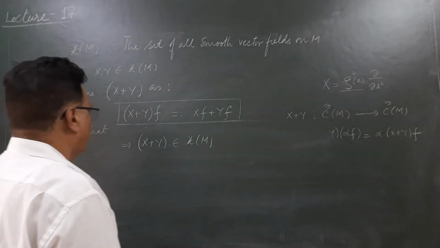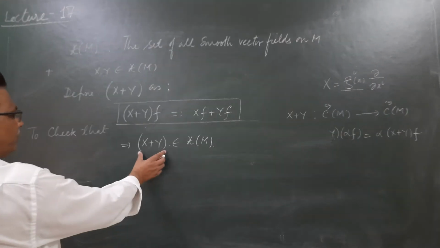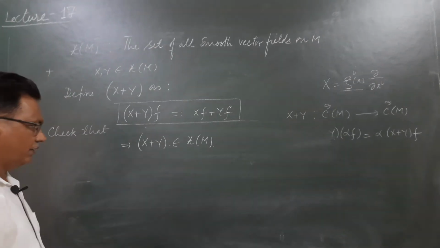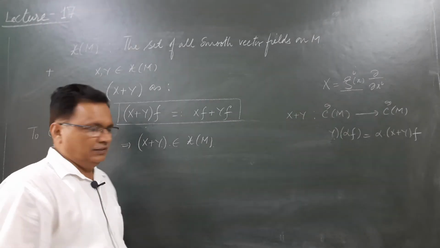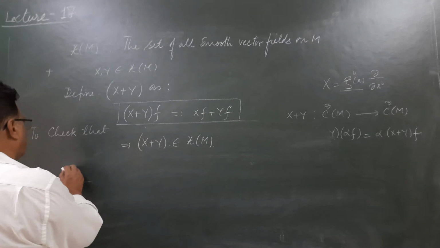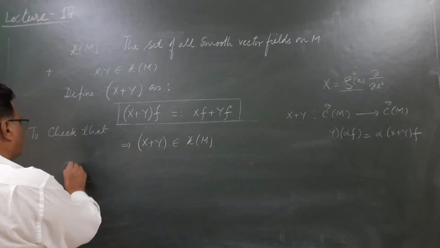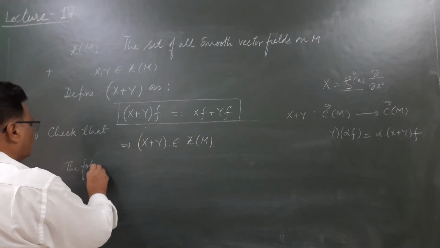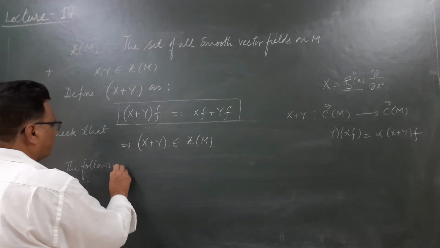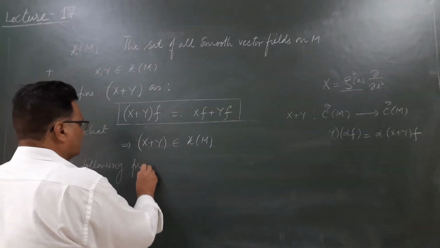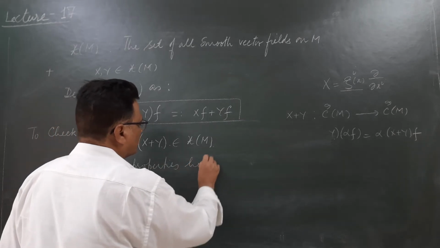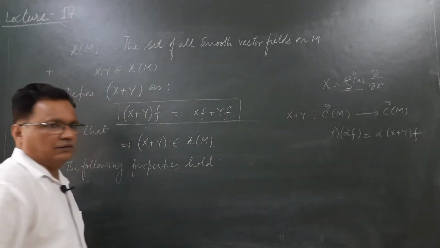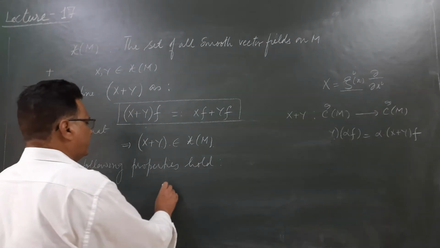Alright, now once you have a valid definition of the sum of two vector fields, you will check the nice properties of the addition. So one can check also the following properties hold. This also requires verification.